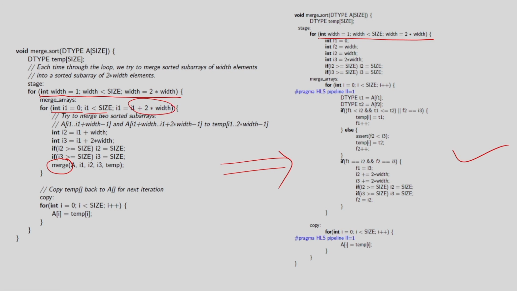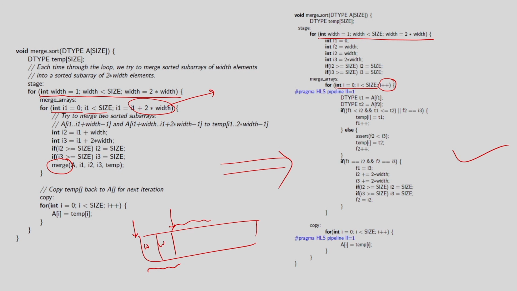Now I make it 0 to size and increase by i plus plus. Earlier it was increasing by 2 times the width, because I take two smaller arrays, merge them, and then go to the next block. So you first consider these two arrays of size width, then you consider the next two arrays. My i is here, and next I want to start here. This is width, this is width, so 2 into width I should modify.